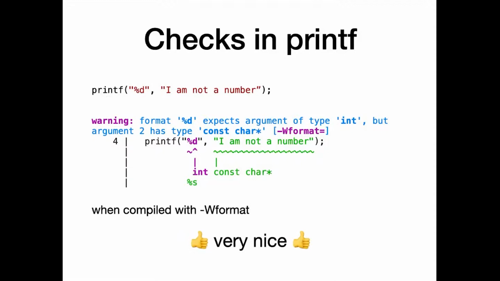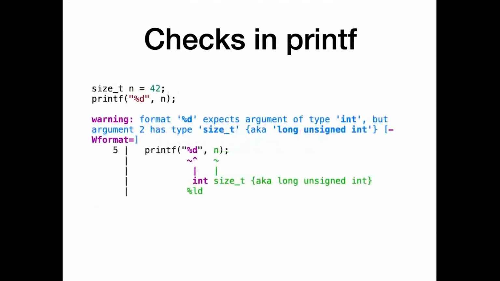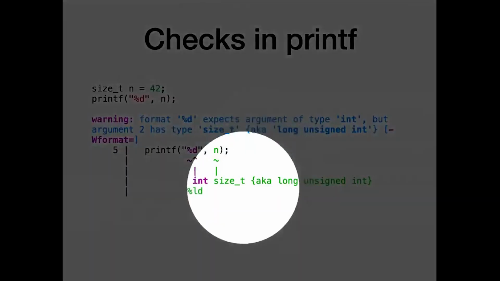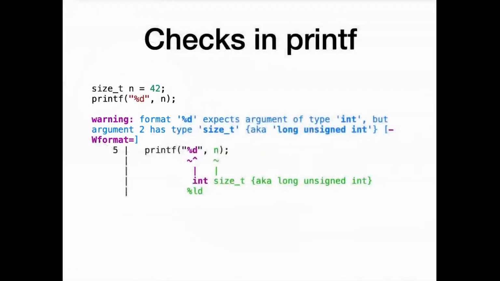If you don't pass it, you don't get this, at least not with the common compilers. Is it really that good? Let's try another example. Let's take size_t, which is an integer, and try to print it as an integer with %d.